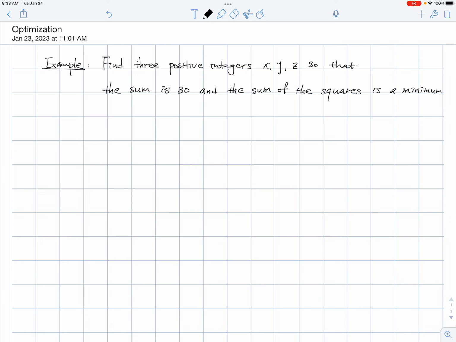Okay, so we're looking for 3 integers satisfying these 2 conditions.